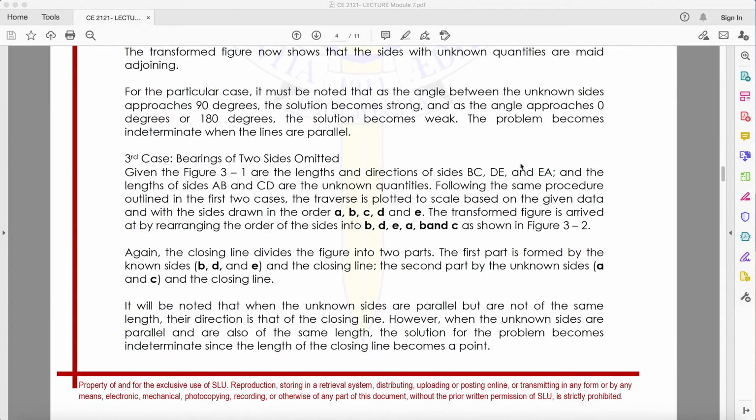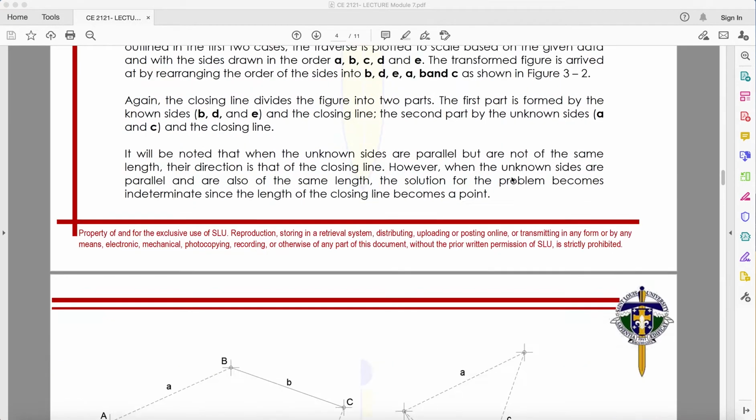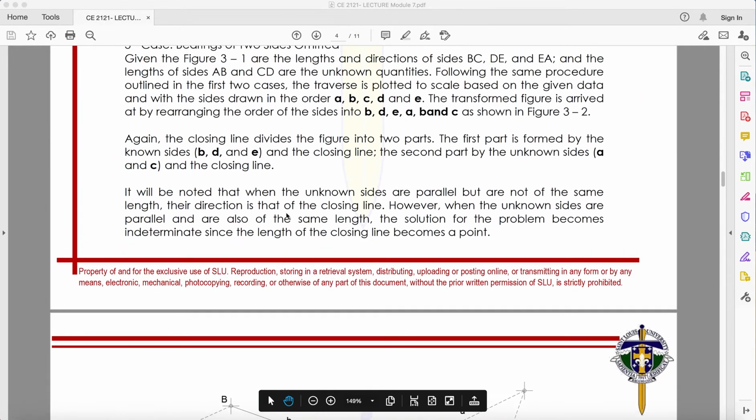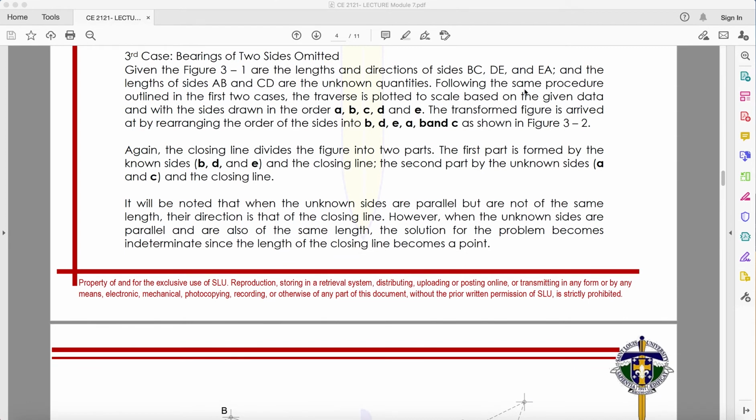But let's read. Okay? So given the figure 3-1 are the lengths of the end direction sides BC, DE, and EA. So following the same procedure outlined in the first two cases, the traverse is plotted to scale based on the given data with sides drawn in order.